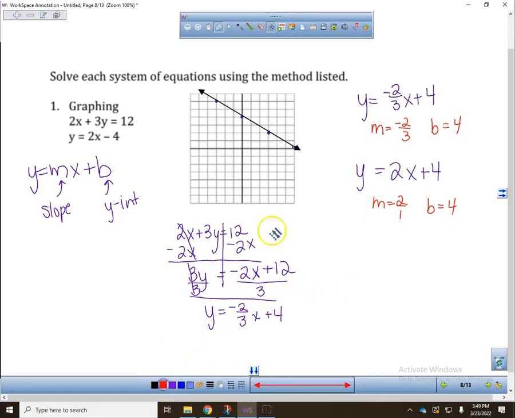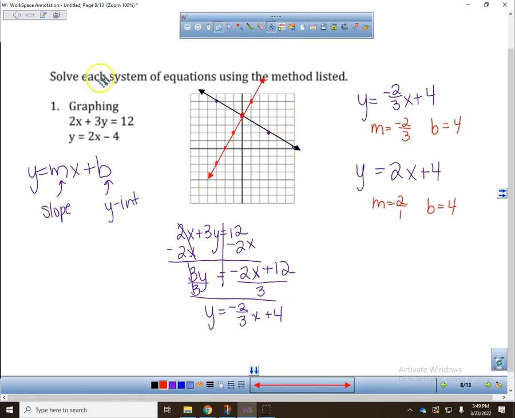Let's go ahead and do our next one. We've got a y-intercept of 4. Sorry, I wanted you to be red. And a slope of 2, 1. So let's get ourselves a line here.